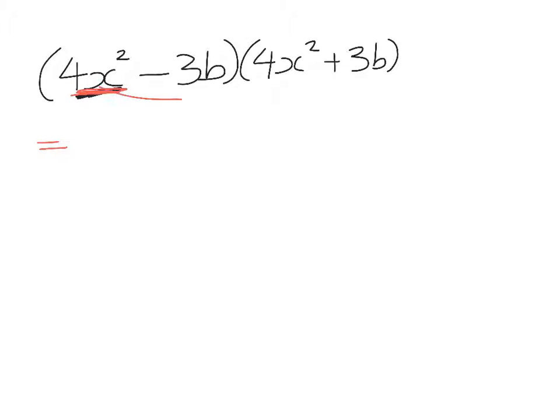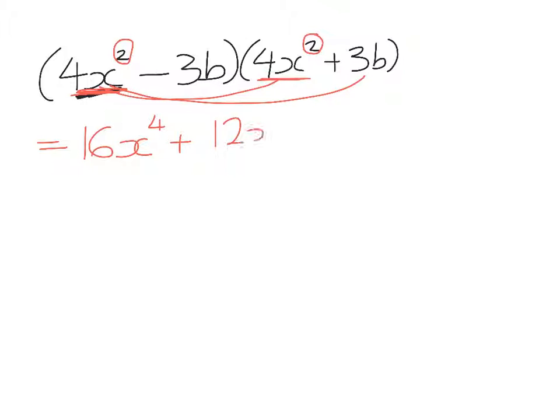We've got these two times together are going to give me 16x to the power of 4. Remember, I've got the same base, so I just add the powers. Next, we're going to have 4x squared times 3b, which gives me 12x squared b. Then I'm going to have these ones, minus 12x squared b.